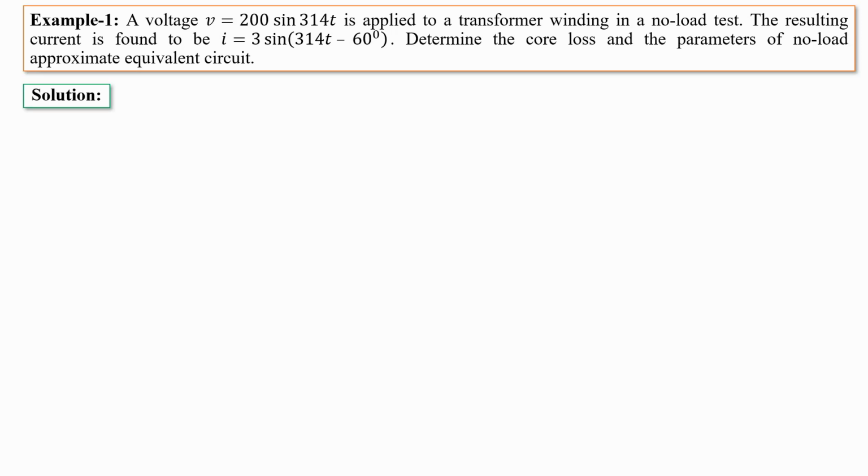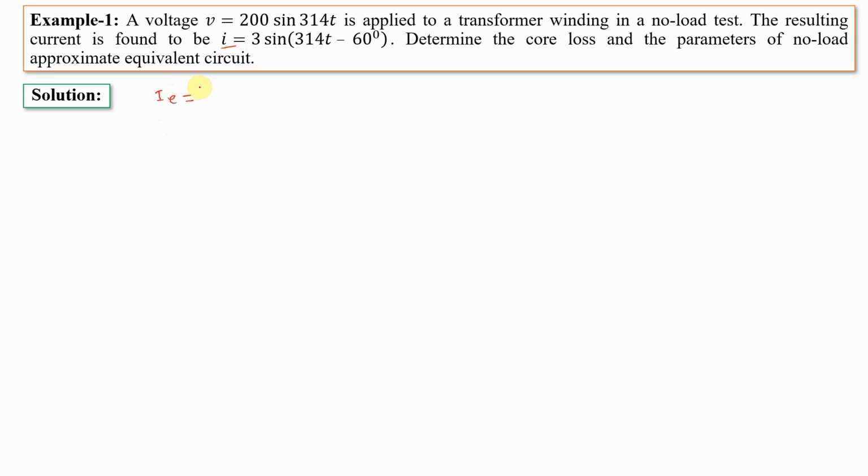Here the voltage and currents are given in instantaneous format. The transformer is operating at no load condition. Therefore, the current here is the no load current, or we can say the exciting current, IE.